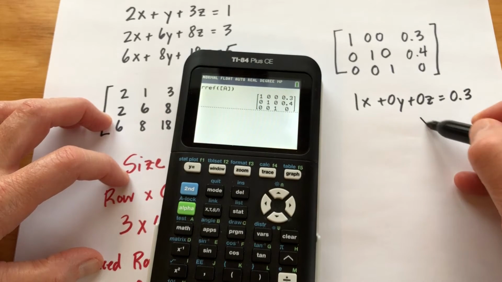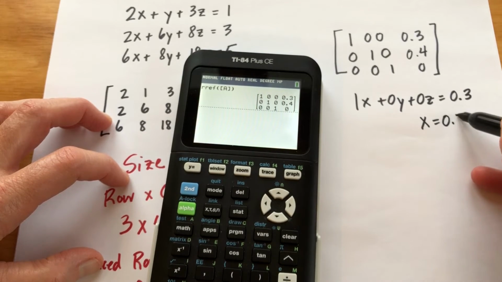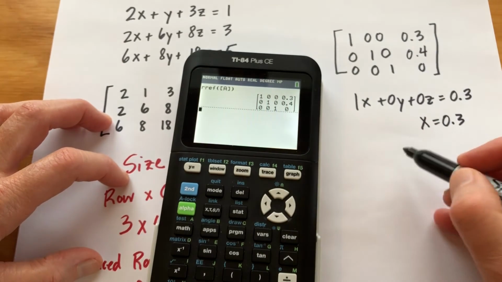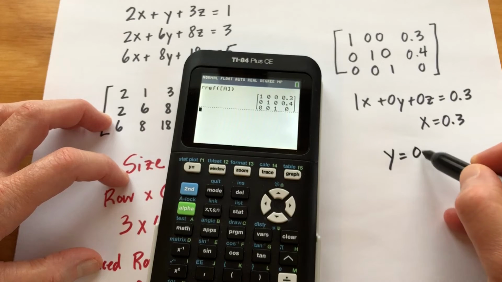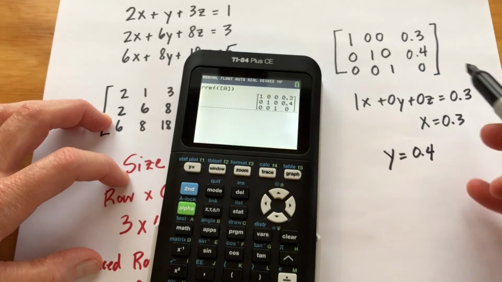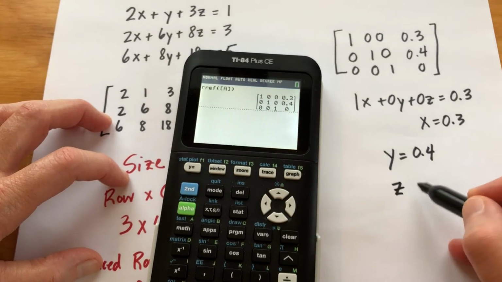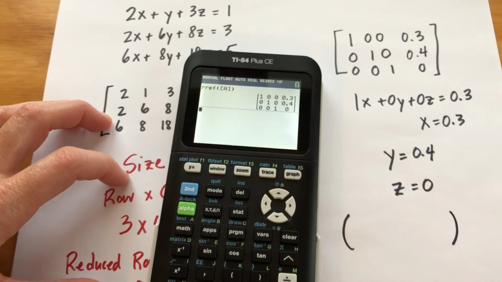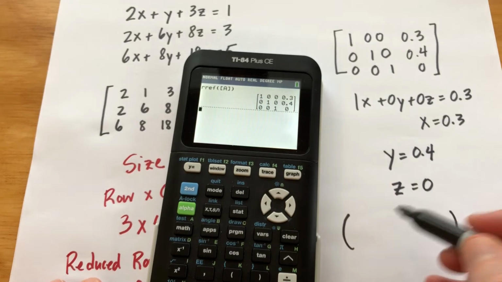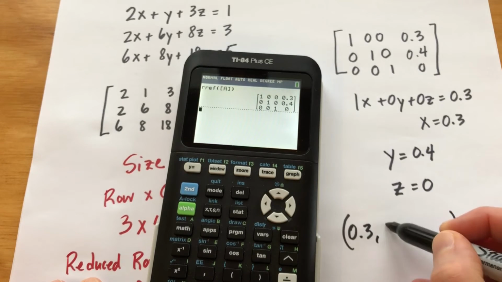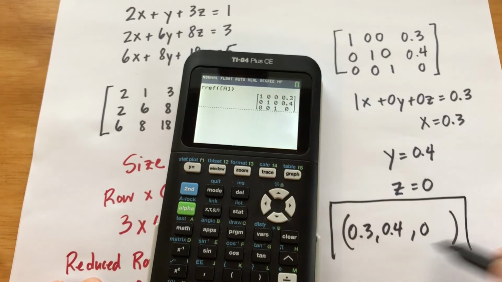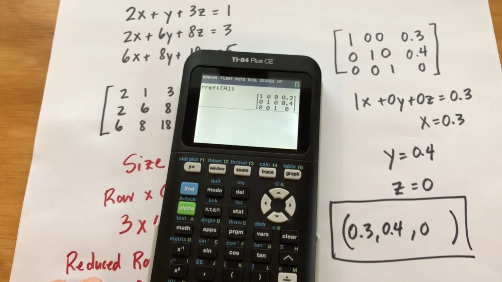Or we can simplify that, x equals 3/10. Likewise, y equals 4/10, and z equals 0. So if we want to write it all together here, there's our solution. That was pretty easy.